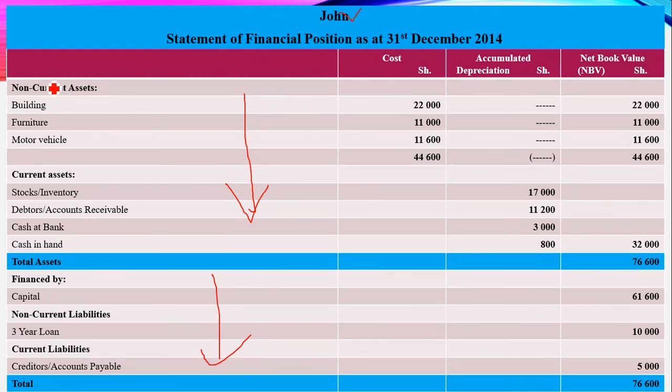So this one shows the non-current assets, the current assets, the capital, the non-current liabilities, and the current liabilities that they have at that particular date. That is why it is written as at, because it gives the position of the business at that particular date.